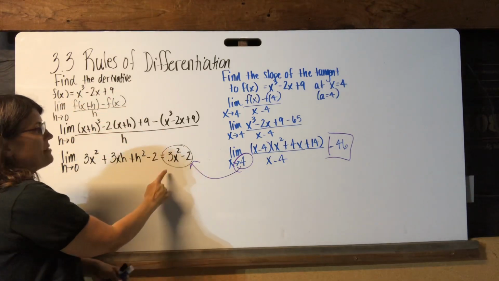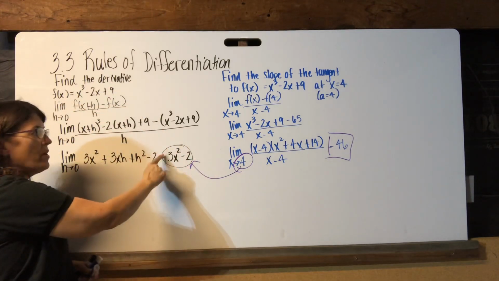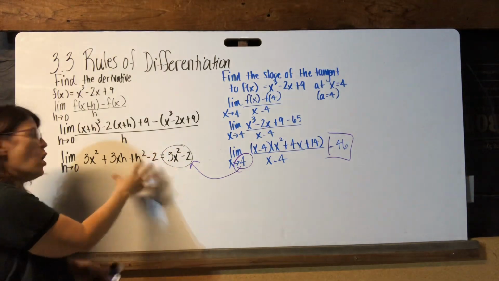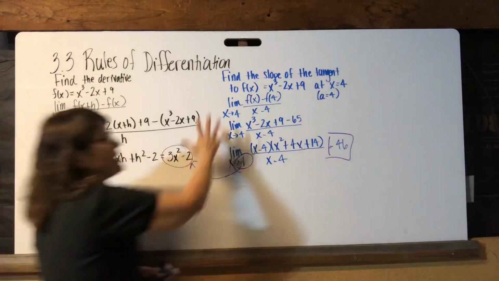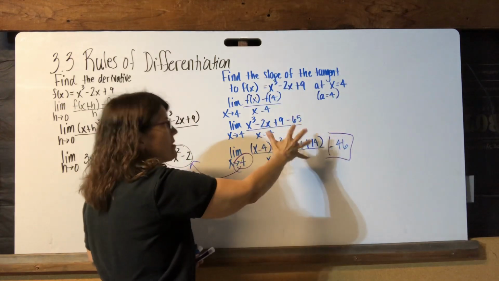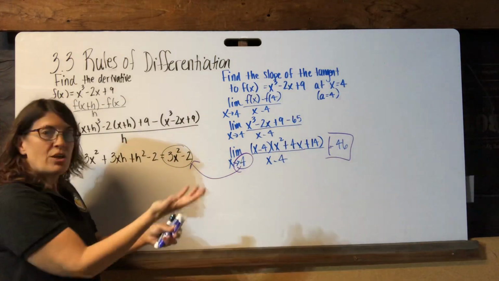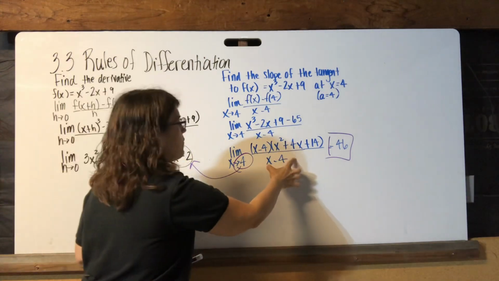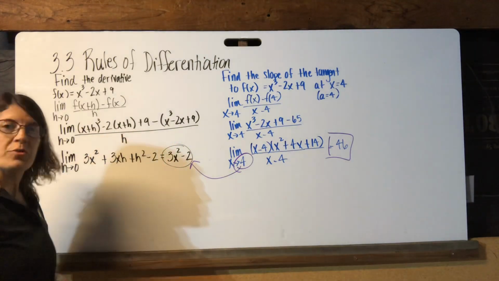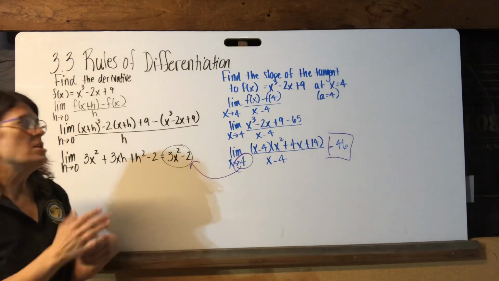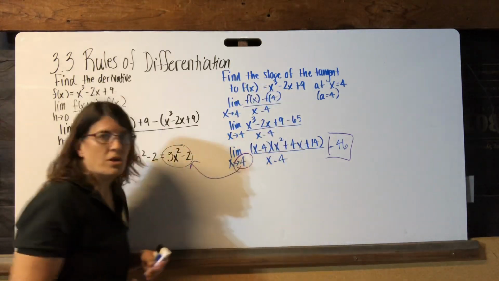This represents the slope at a point on the curve. Which point? I don't know. Here we found specifically the slope of the tangent line at x equals 4. So what we could have done was plug 4 straight into 3x squared minus 2, and you wouldn't have had to do all of this work.